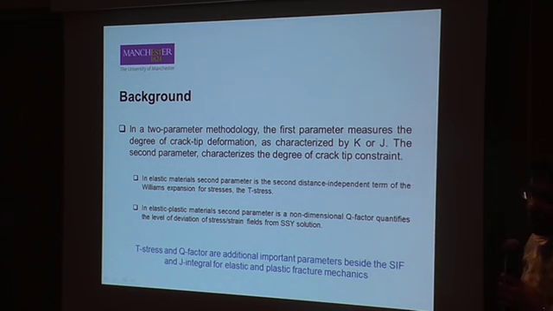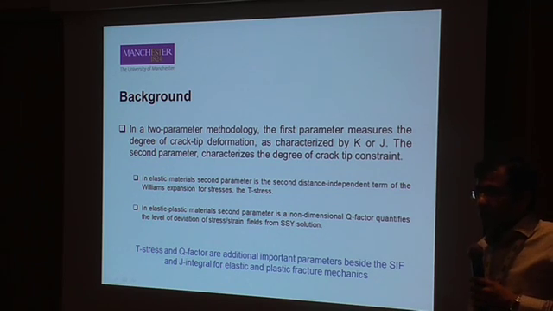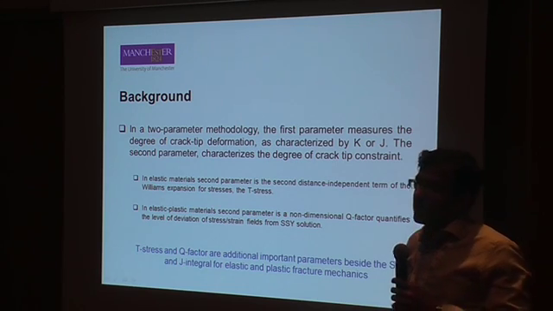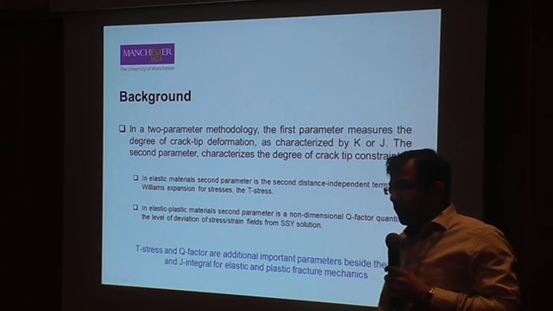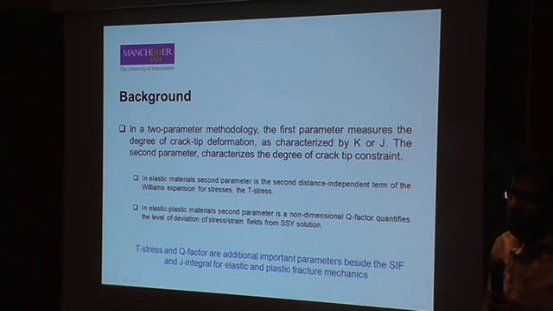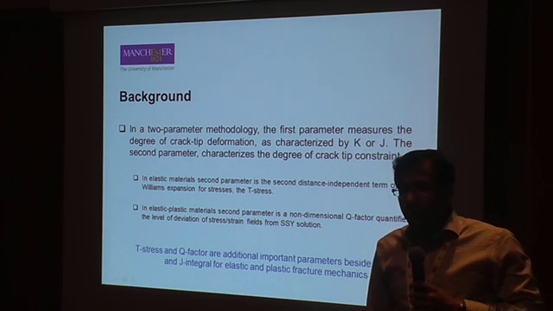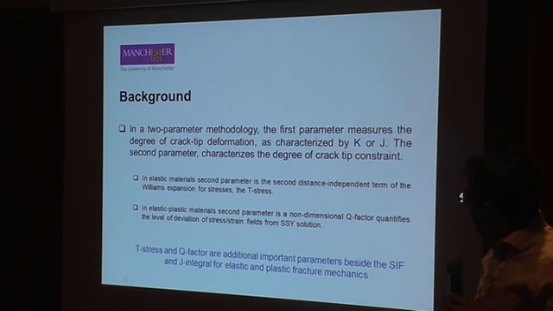The first parameter in elastic, which is T stress, is the second distance parameter in the non-singular terms of the Williams expansion. The Q factor quantifies the level of stress deviation from a small-scale yielding solution for any type of crack. These two parameters are important for fracture assessment besides the stress intensity factors and J integrals.